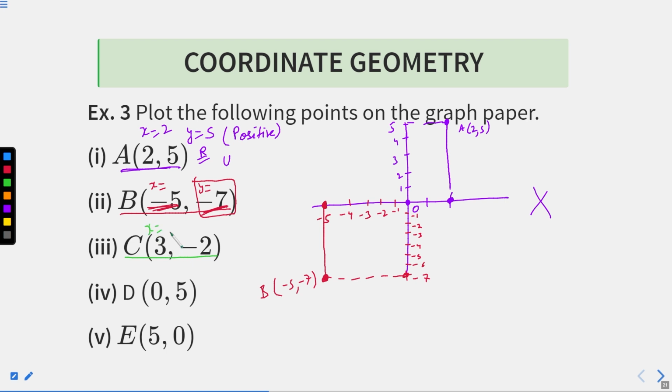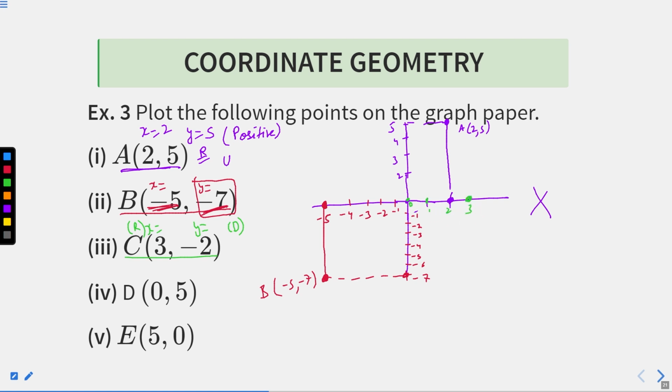Okay. Now see the C point. So x is positive meaning right movement, x is equal to 3. And y is negative meaning downward movement, -2. So first move 3 points on the x-axis. Here is 0, 1, 2 and 3.